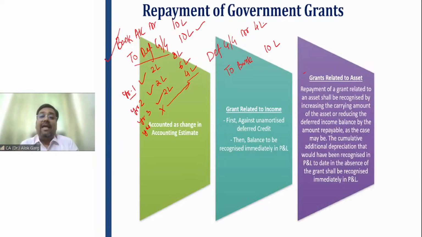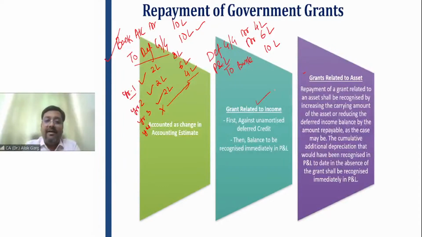Friends, we have only 4 lakh rupees in the balance as deferred government grant, but we have to pay 10 lakh rupees. So this 6 lakh rupees we have already taken in the P&L in years 1, 2 and 3. So the difference between 10 lakh and 4 lakh, the 6 lakh rupees, we are required to recognize immediately in the P&L. So P&L needs to be debited by 6 lakh rupees.